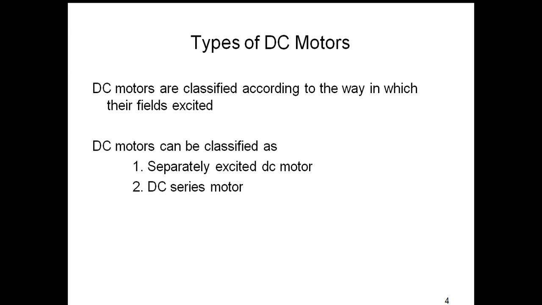The self excited DC motors are classified into three types. One is DC series motor, the other one is DC shunt motor, and DC compound motor.